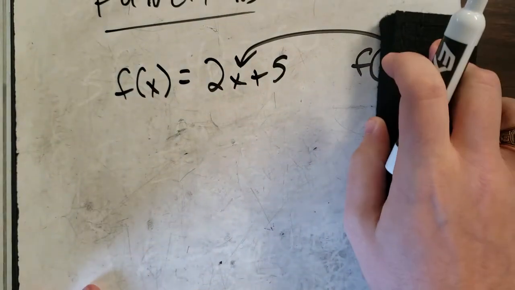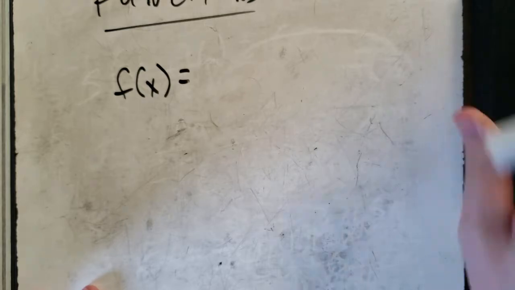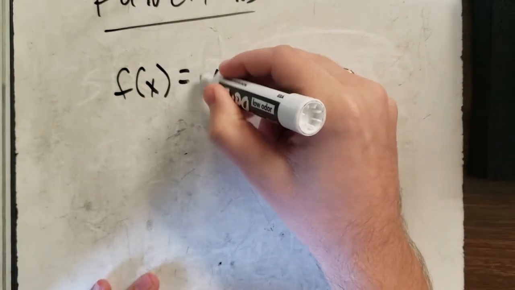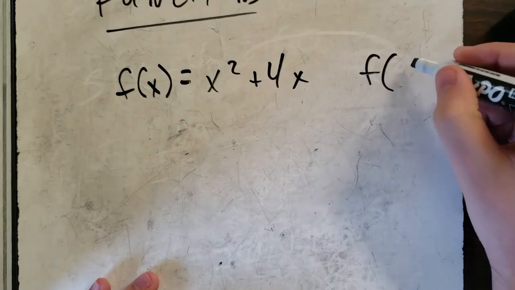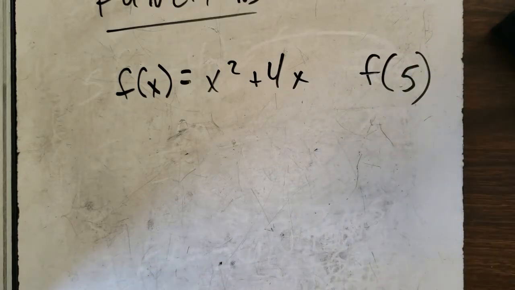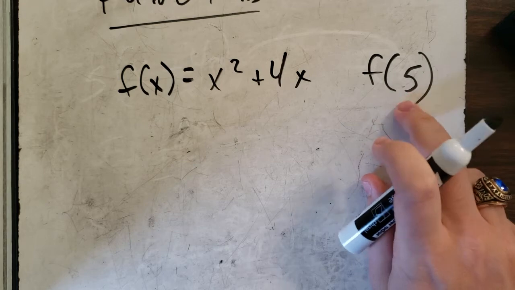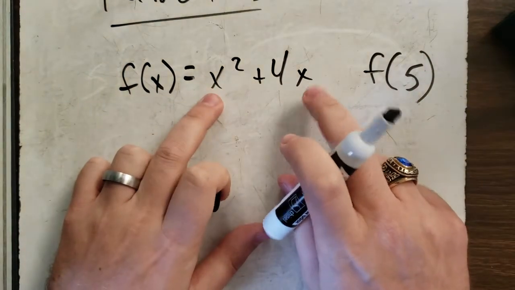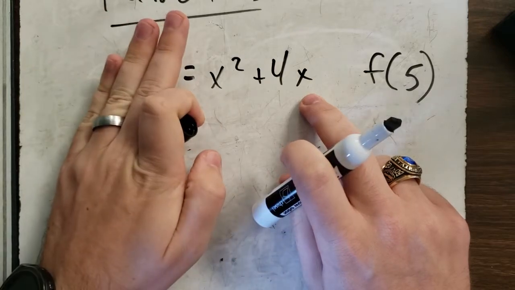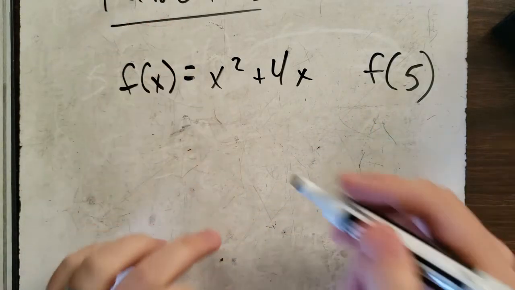So let's try a different example. I'll show you. f of x equals x squared plus 4x, when x equals 5, okay? So once again, we have our number here. It's 5. That means every time we see an x, we plug in 5, okay? Remember, not worried about this, so don't worry about that.